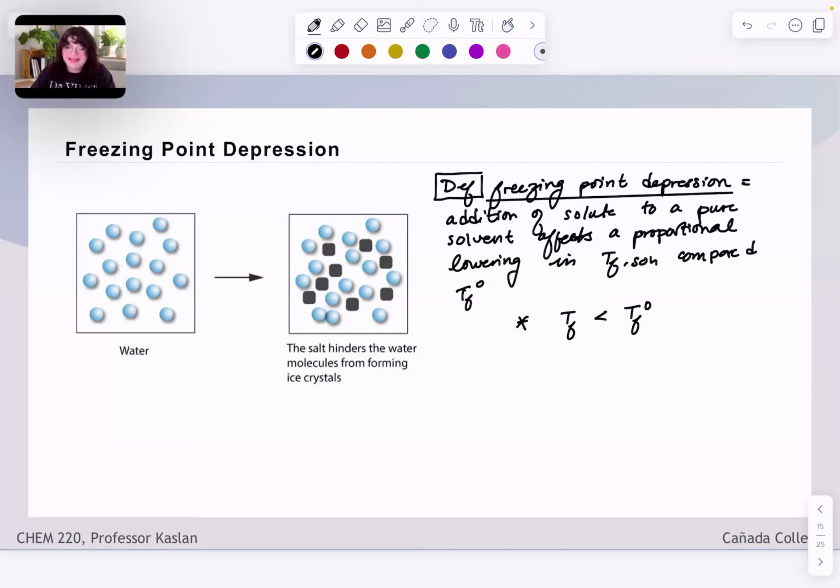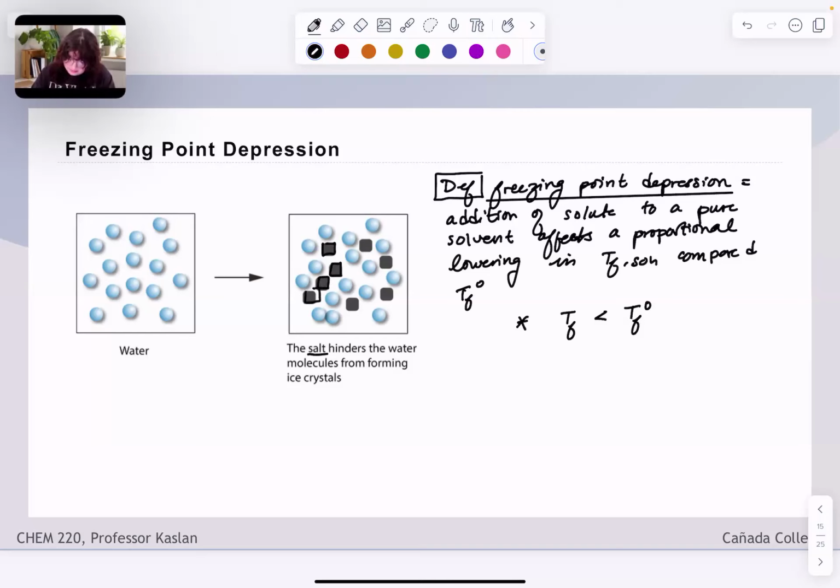So why does this happen? It's the exact same explanation as we've seen when talking about boiling point elevation and vapor pressure lowering. So let's look here, an example of water, our pure solvent. We've added some non-volatile solute, that would be our sodium chloride, here represented as little boxes.